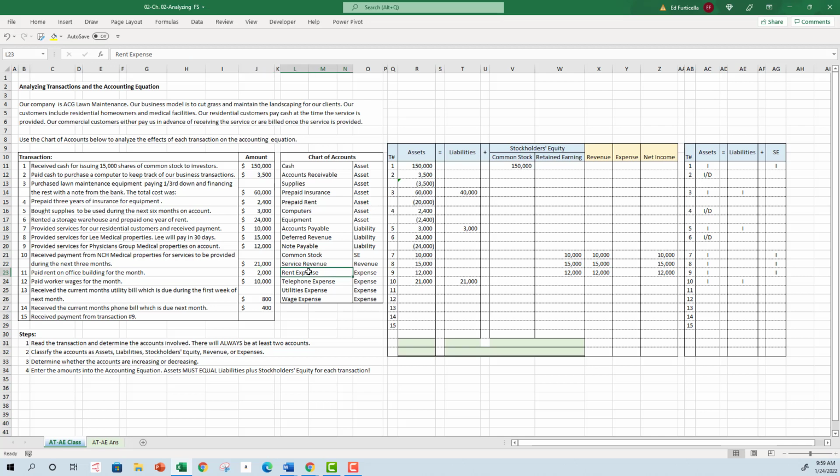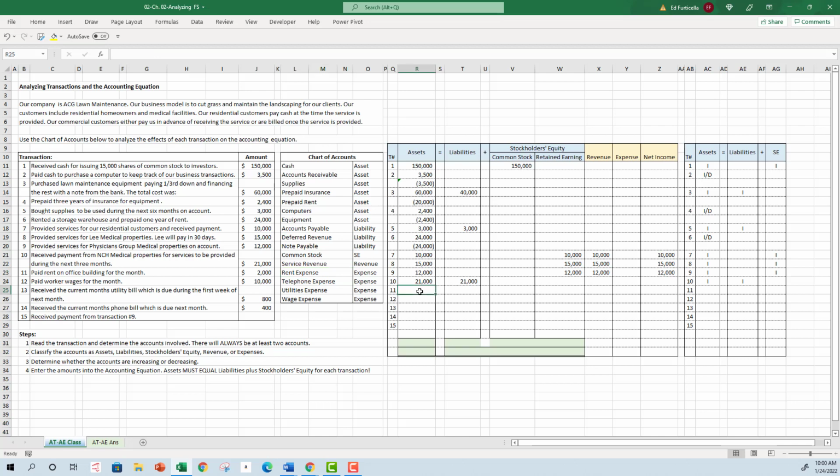Cash is an asset, it's decreasing. Rent expense is an expense. Now it's expensed here because we're paying it during the current period, and as a result there's no future benefit to it. So the expenditure is kind of a one and done. We pay it and we're done with it.